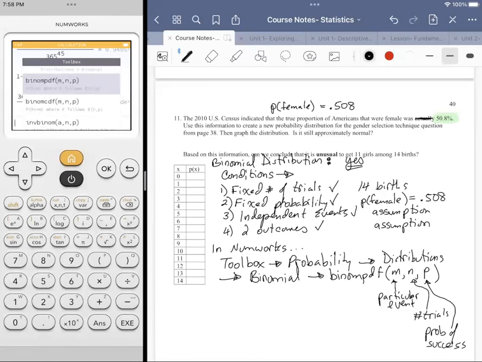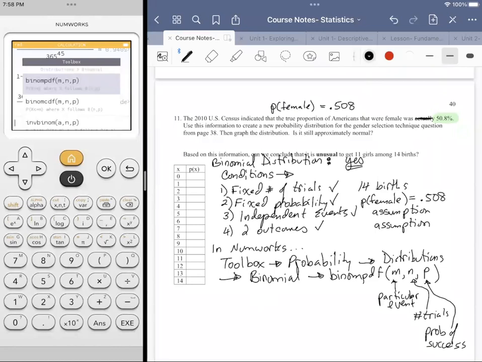It's kind of tricky territory because we're defining a success as the birth of a girl or female. That in and of itself isn't that tricky because you could define success as whatever you want. But in cases where you're dealing with, let's say, a life insurance policy, a successful outcome would be if you were able to cash in on your life insurance policy, which would mean you died, which doesn't sound very successful.